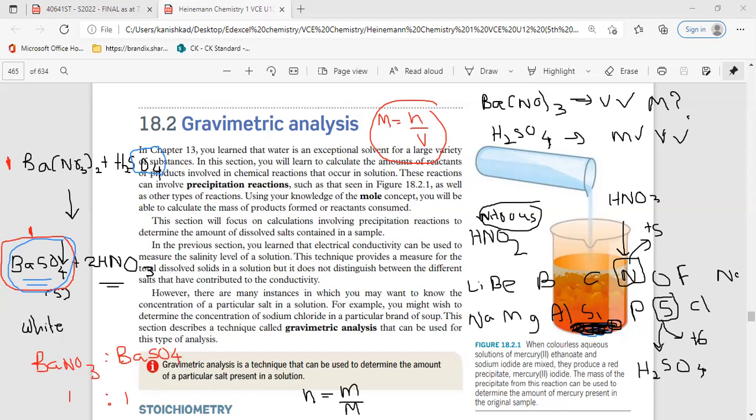That means you take the barium nitrate solution and you add different volumes of sulfuric acid, you take different masses of precipitate, and you draw a graph of the mass of precipitate versus the added volume of sulfuric acid, and you go to the final answer. I'll tell you how to do it with exemplary questions.